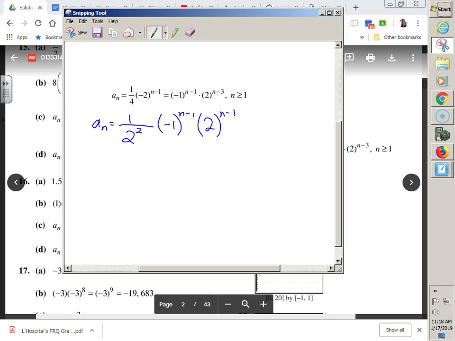Don't worry. If we separate the negative 1 from the 2, they're both going to have the exact same power. The 4 is a 2 squared. The reason we do that is because we have a 2 to the n minus 1 minus 2. Sorry, positive 2. Does that make sense?